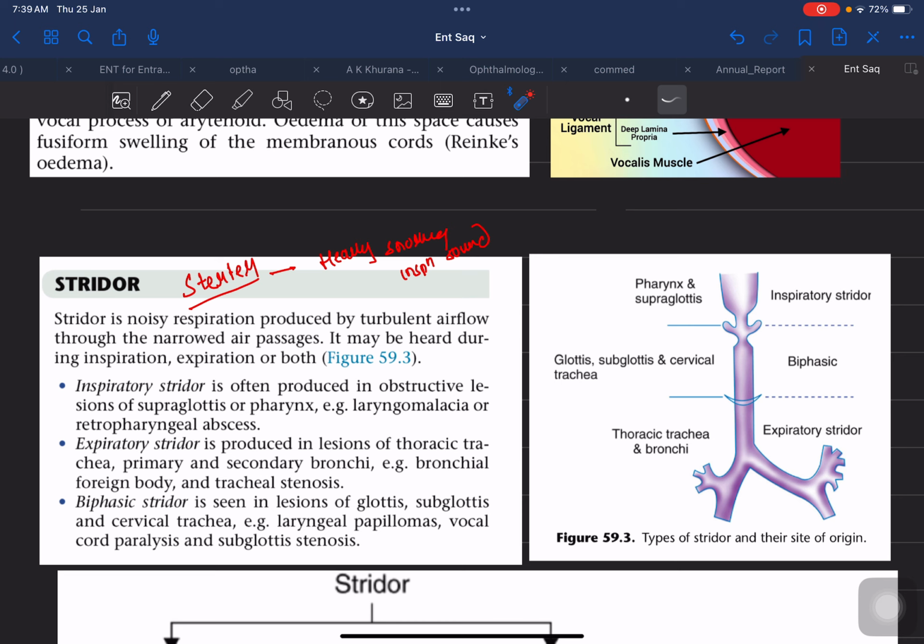If there is obstruction within this region, then we call it inspiratory stridor.